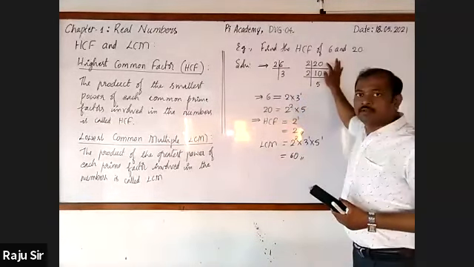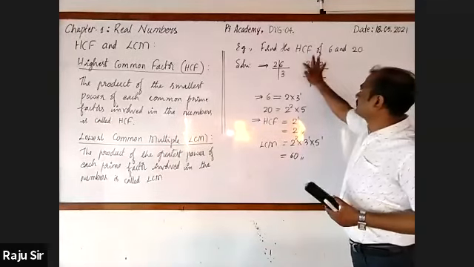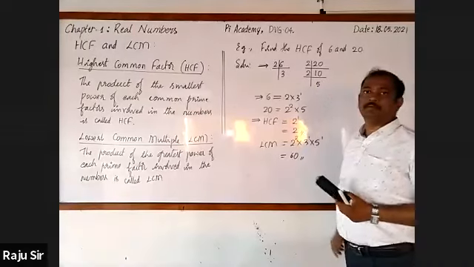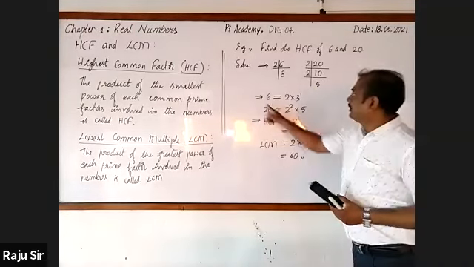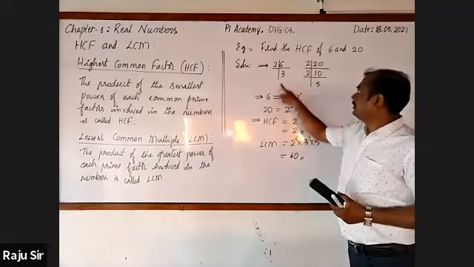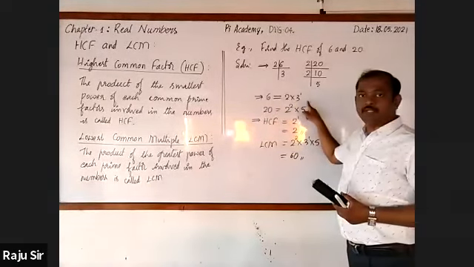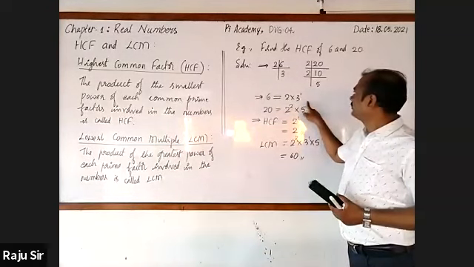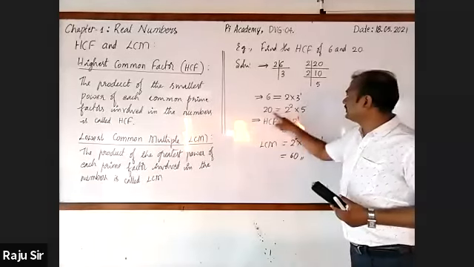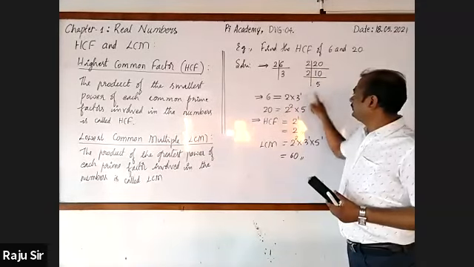Next, 20 as first 2 10s are, then 2 5s are. Write their prime factorization. 6 is written as 2 into 3. Next, 20 is written as 2 square into 5.